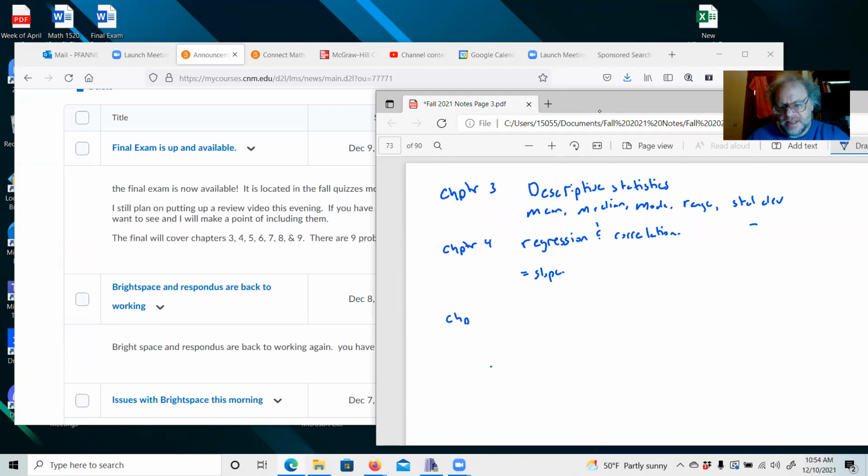Chapter 5 has a lot of ands and ors. I usually give you a table. It's not going to be a 2x2, I think those are kind of boring, but there'll be a table with different numbers and different categories.